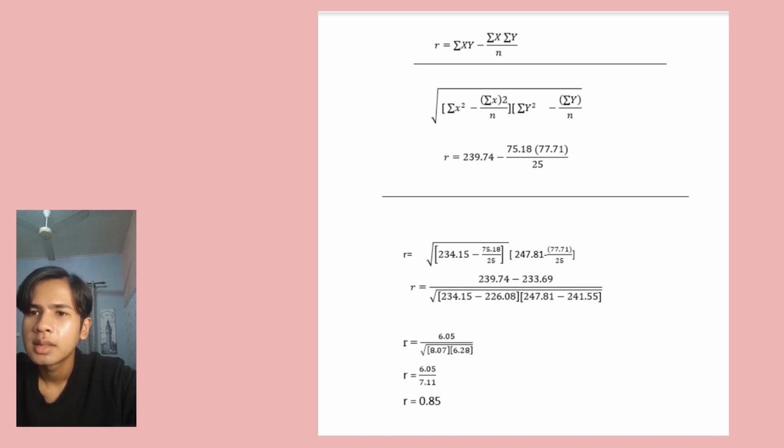Then r equals 6.05 divided by the square root of 8.07 times 6.28, and r equals 6.05 multiplied by 7.11.